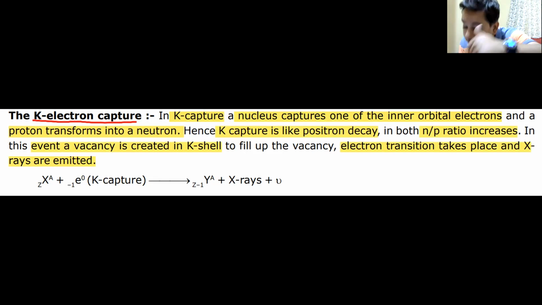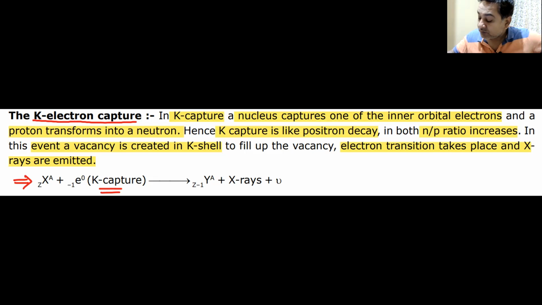And sir, the last point is the most important point, where we have this nuclear equation. This gentleman over here is your parent nucleus. Do we see this? Yes, sir. Then I have an electron which is being captured from the K shell. Do we understand this?